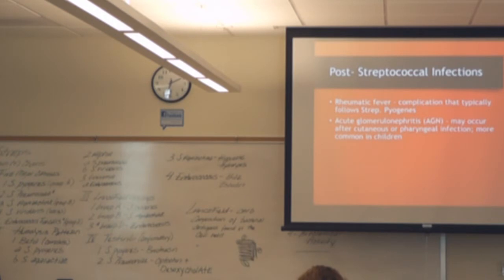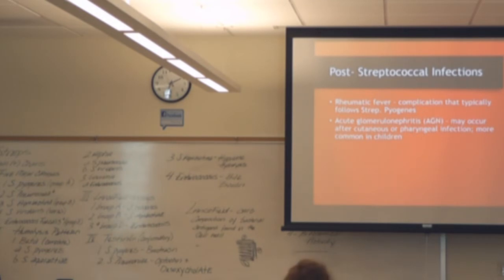Post-streptococcal infections, rheumatic fever is one. That's a complication that usually follows a Strep pyogenes infection. That's usually characterized by fever and inflammation. It can be of the heart, joint, and blood vessels. And the attack usually occurs 1 month after the initial infection of Strep pyogenes. So it is quite a long time afterward.